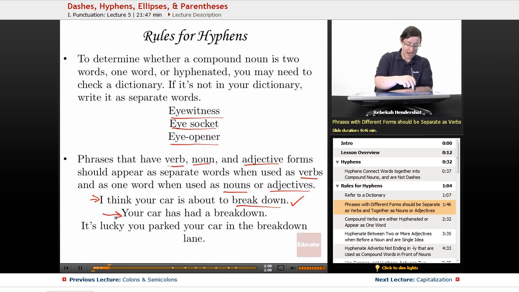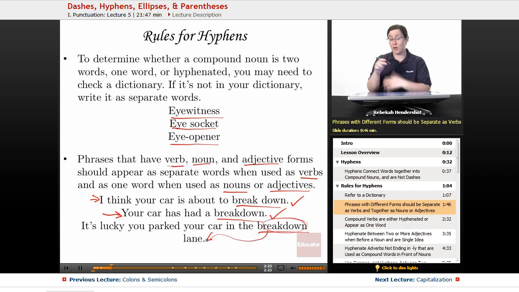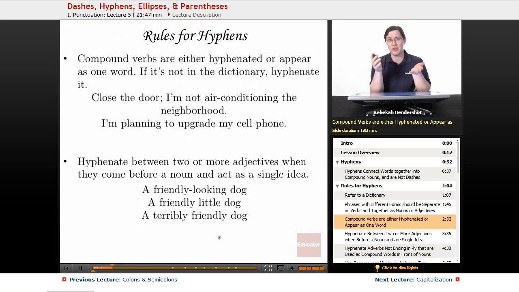However, if you're using it as a noun, your car has had a breakdown, it becomes one word, no hyphen. And if you use it as an adjective, it's lucky you parked your car in the breakdown lane. Here, breakdown is an adjective describing lane. What kind of lane is it? The breakdown lane. Well, in that case, you also write it as one word because it's being used as an adjective. All right. How does this all relate to hyphens?